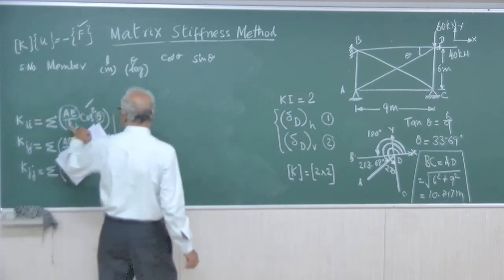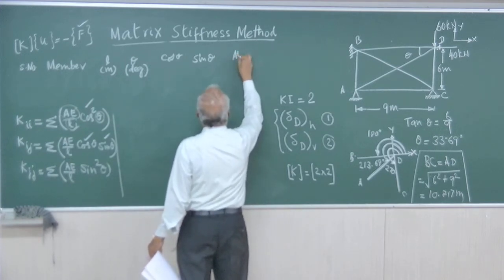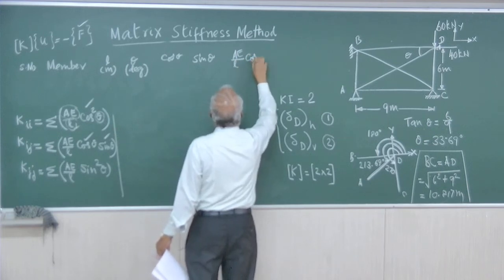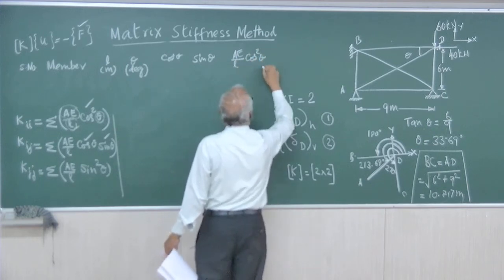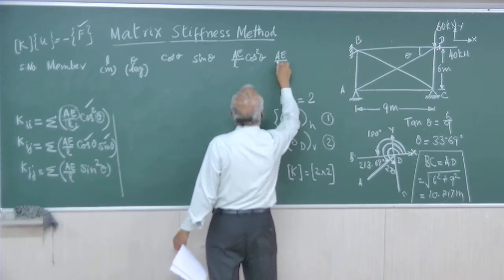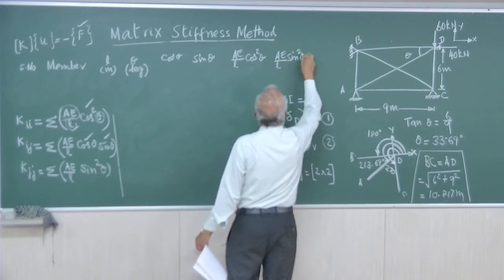So here we can open out a column, AE by L cos square theta, AE by L sin square theta.